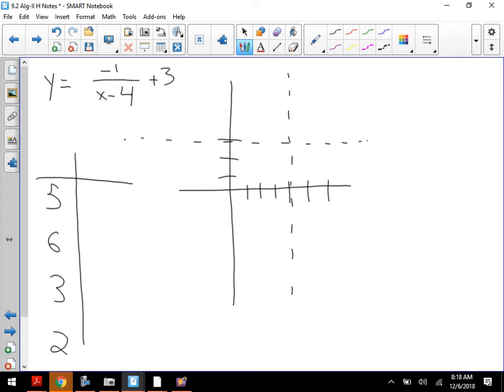Okay. So let's see. 5 minus 4 is 1. You get -1 divided by 1 plus 3, which is 2. I'm hoping. Been known to make dumb mistakes before. -1 over 2 plus 3. 2.5. Well, that's good because that means that it moved up, so it's doing this.